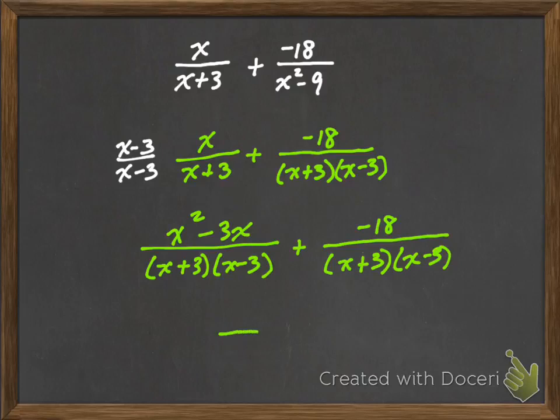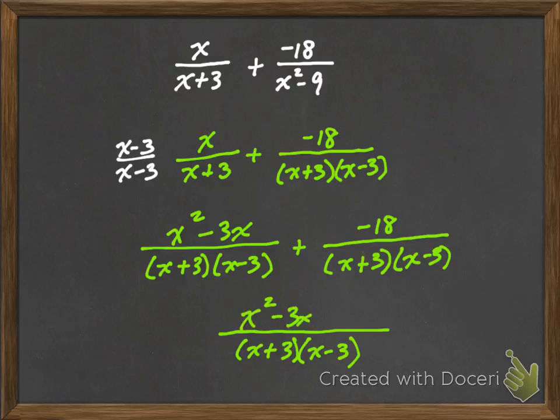And then combining together, we have a denominator of x plus 3, x minus 3, and our numerator is going to be x squared minus 3x, and then minus 18.